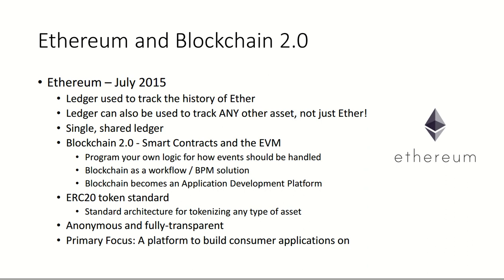So Ethereum, just like Bitcoin, has its own built-in currency. The currency on the Bitcoin blockchain is called Bitcoin. The currency on the Ethereum blockchain is called Ether. And these are nothing more than just two different types of currency.